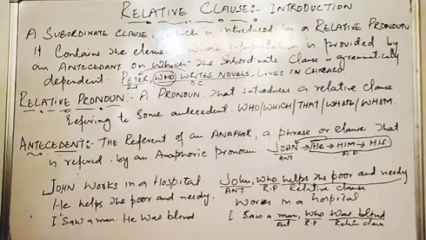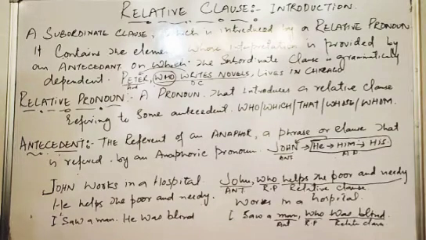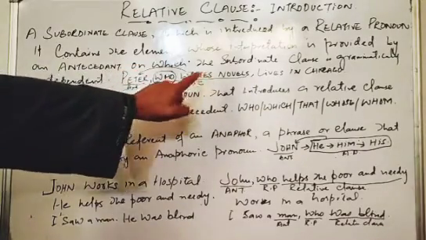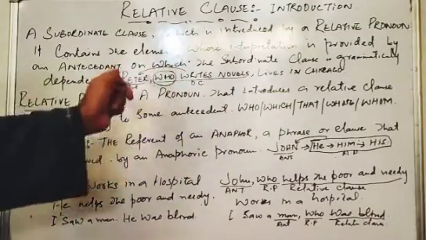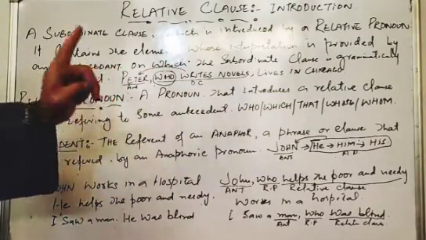Okay, let us see what a relative pronoun is. A pronoun that introduces a relative clause referring to some antecedent. In the given example, who is a relative pronoun because it introduced a relative clause which refers to an antecedent.